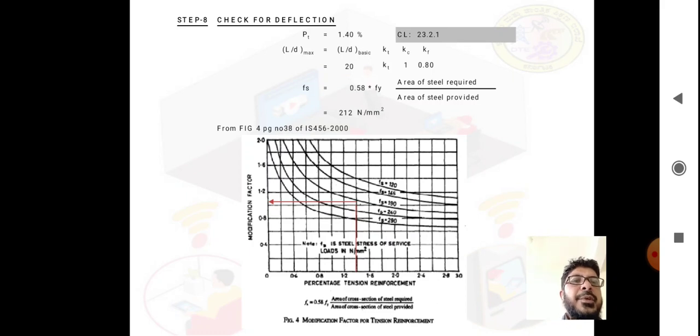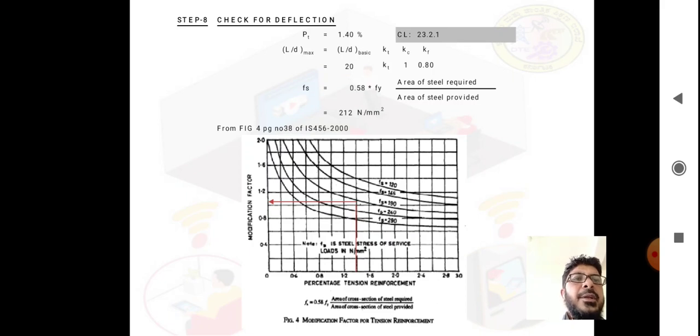So we have to refer now to the graph. You first fix the percentage of steel on the x axis. Values start from 0, 0.4, 0.8, 1.2, 1.6. So we have marked 1.4%. Then we will extend the line till we get the 212 Newton per mm square stress curve.